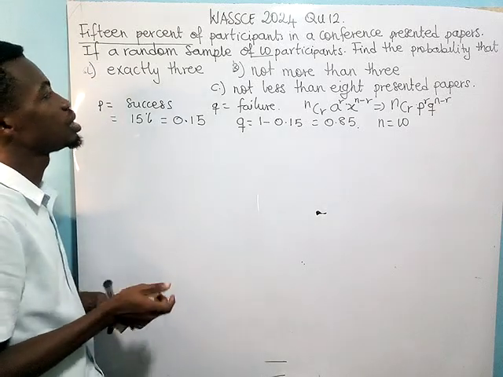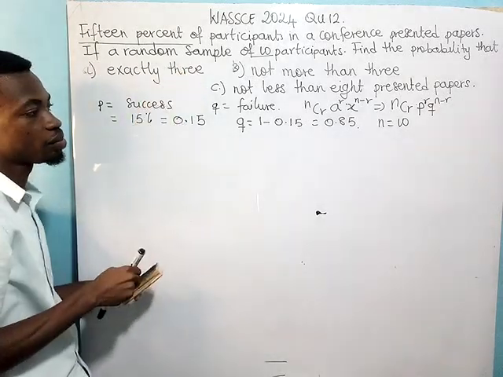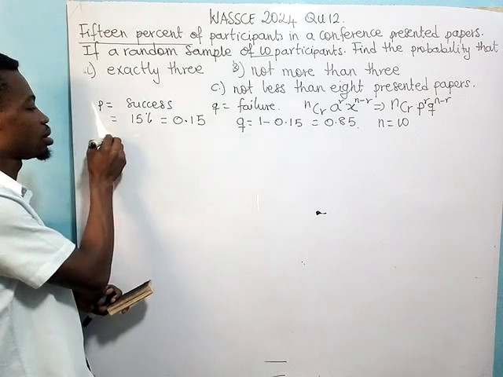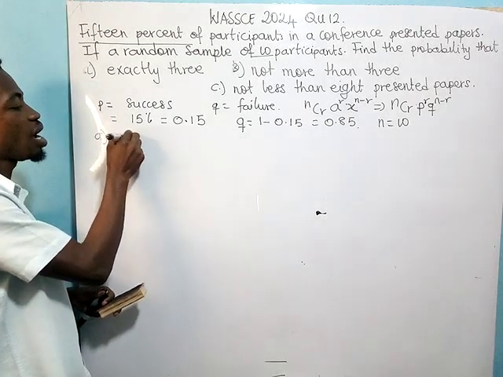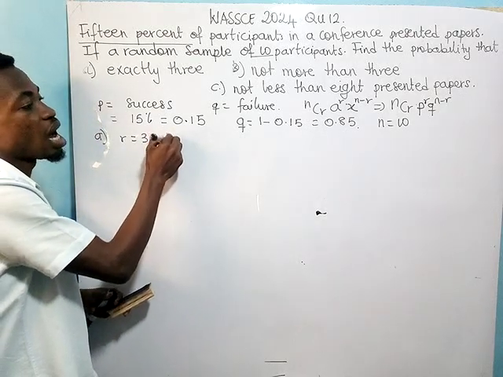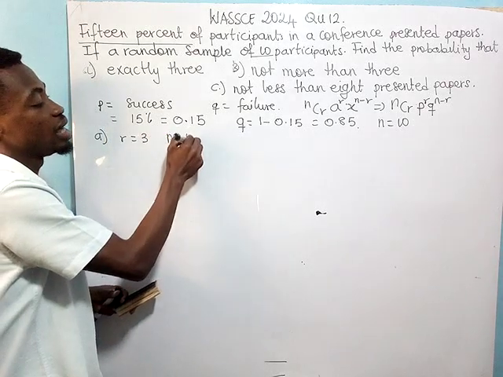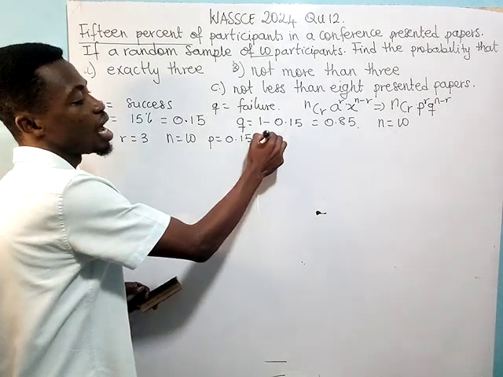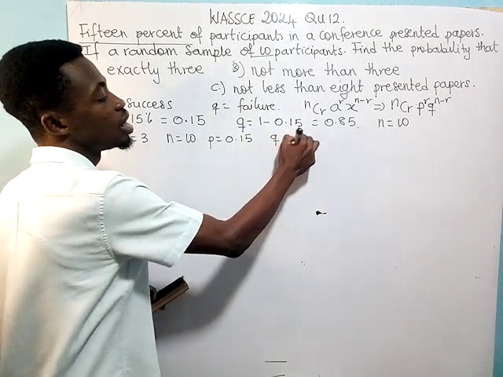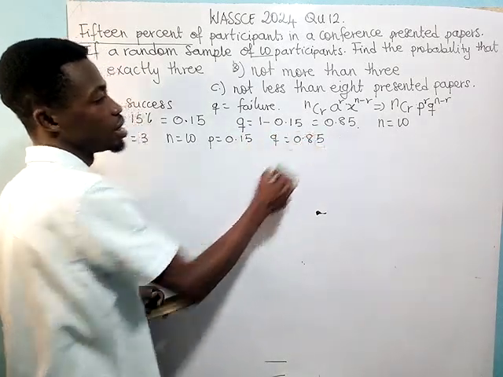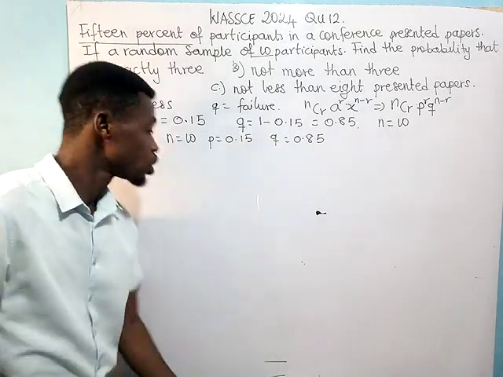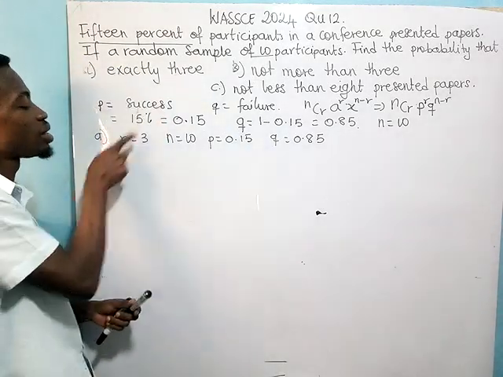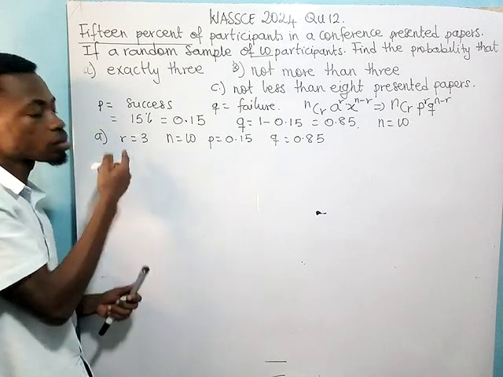Let's pick the first question: exactly 3, so for A, r is 3, n is 10, p is 0.15 and q is 0.85.